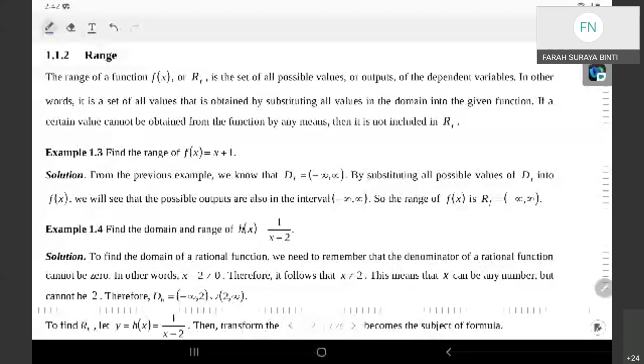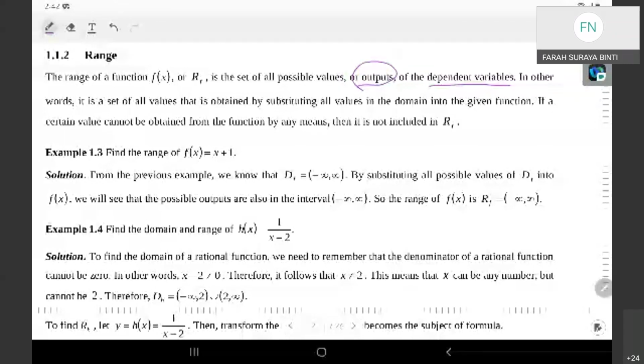Okay. Range. The range of a function is the set of all possible values or output of the dependent variable. In other words, it is a set of all values that is obtained by substituting all values in the domain into the given function.